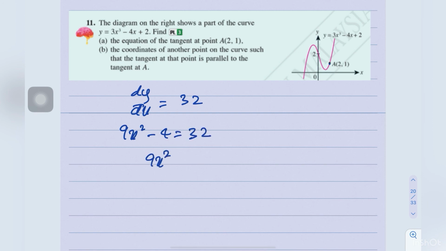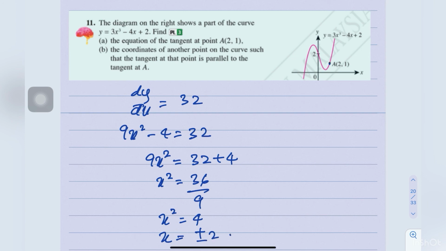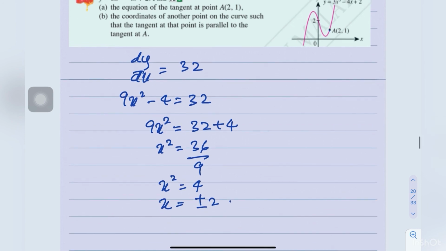So 9x squared equals 32 plus 4, so 36. So x squared is 36 over 9, so x squared is 4. So x equals plus or minus 2.